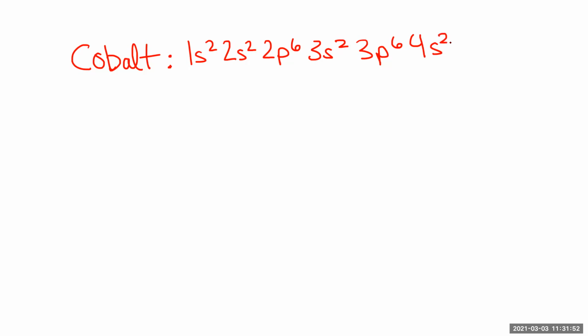Cobalt's electron configuration is going to be 1s2, 2s2, 2p6, 3s2, 3p6, 4s2, and then 3d.